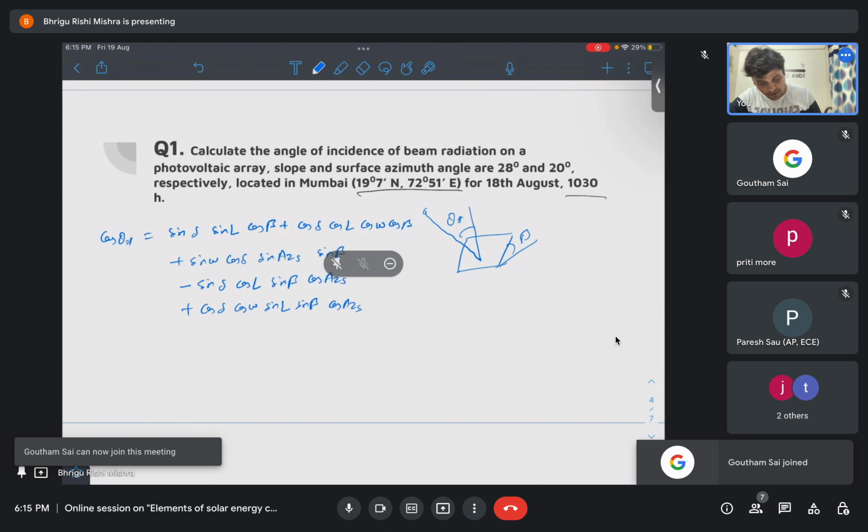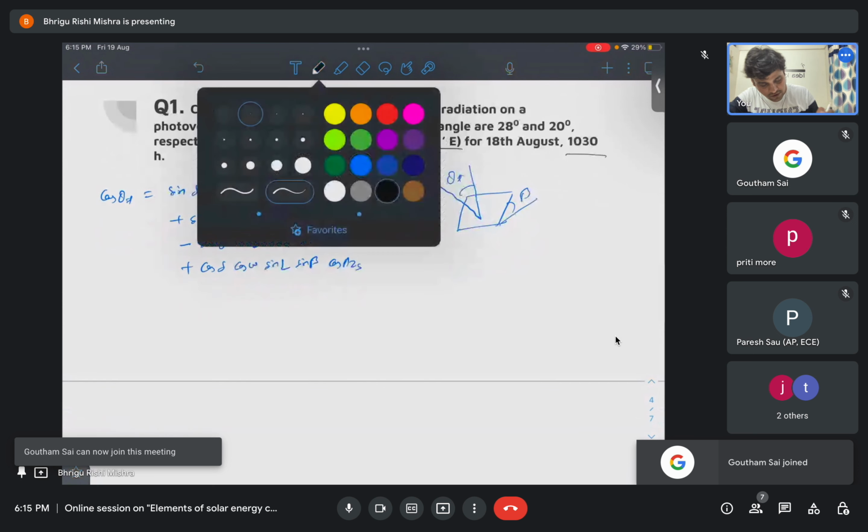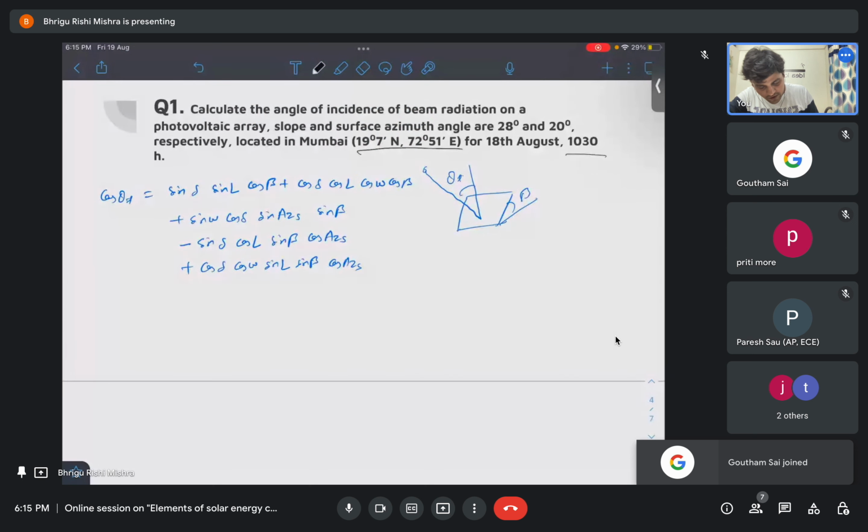So you can see there are a lot of variables. To calculate the angle of incidence for that particular surface, we need to know the tilt angle, which is beta, and beta is given.